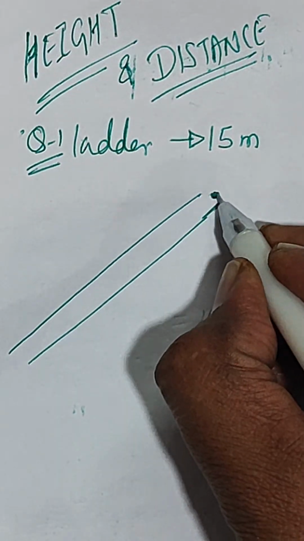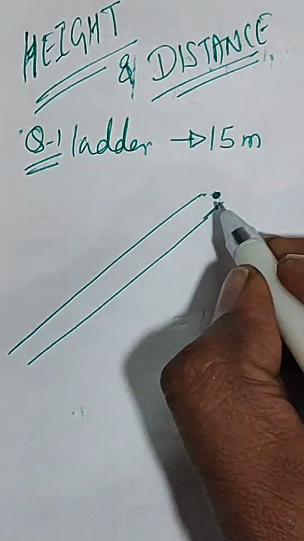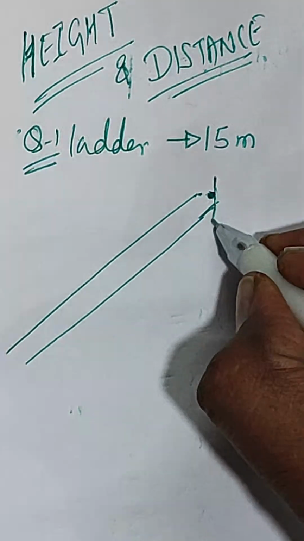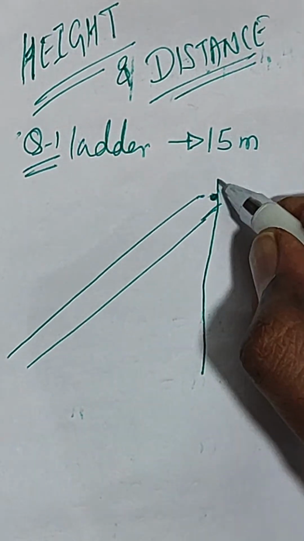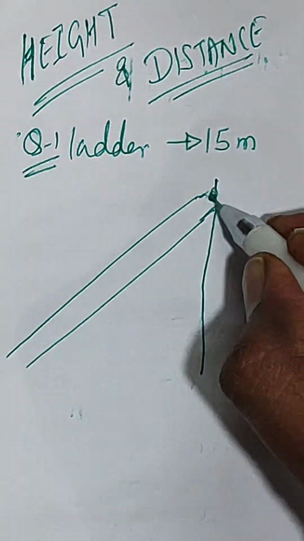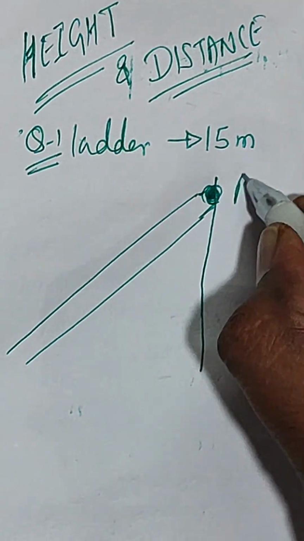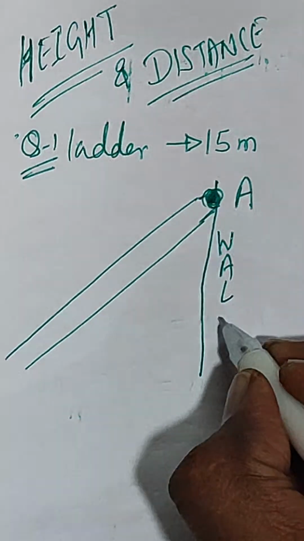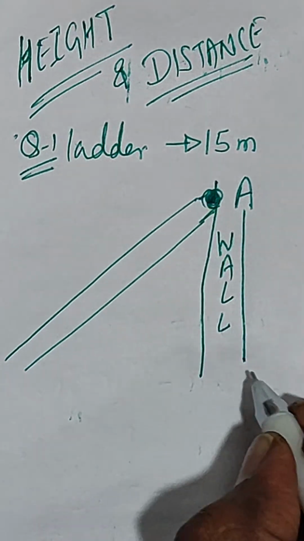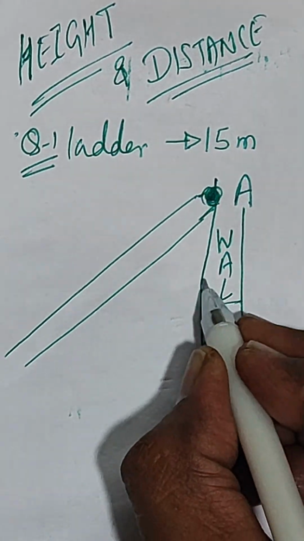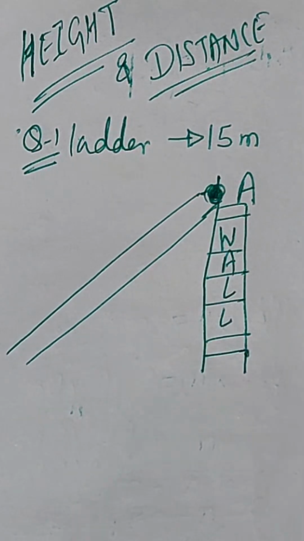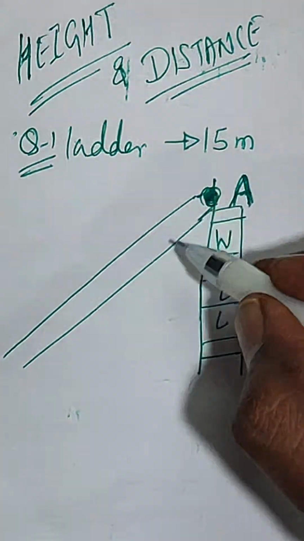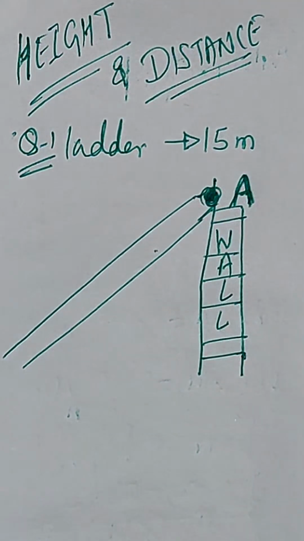We are considering this as a single point of contact, because it's not possible to draw the three dimensional figure over here. Then the point of contact of this ladder on this wall, let us say this is A, and this is your wall. The wall is like this, right? Now let us say the point of contact of the ladder leaning against the wall is A, right?